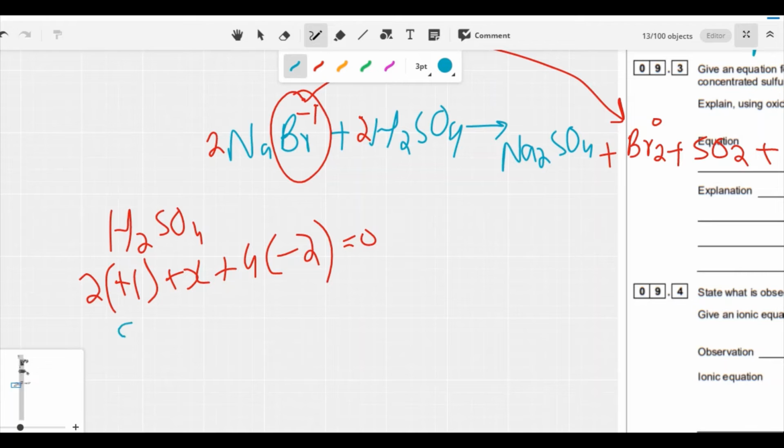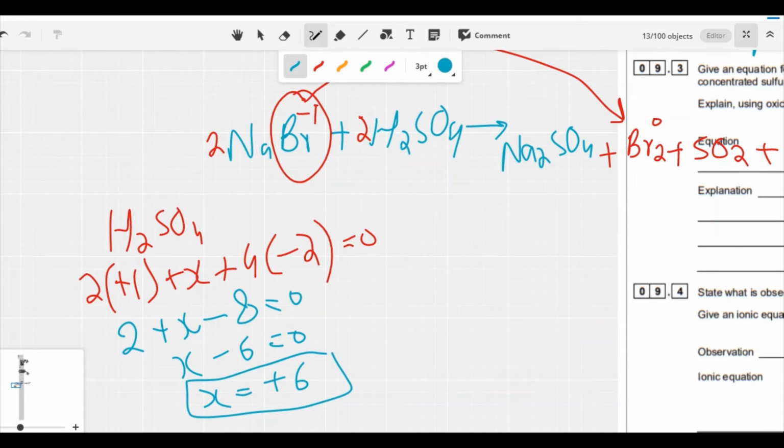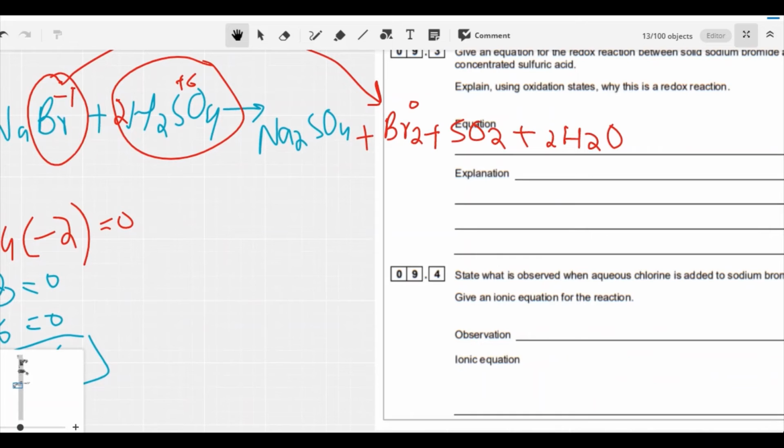So 2 plus x minus 8 is equal to 0, x minus 6 is equal to 0, and x is equal to +6. Now in SO2 there are 2 oxygens, 1 sulfur, so the total oxygen state is -4, so sulfur should be +4.